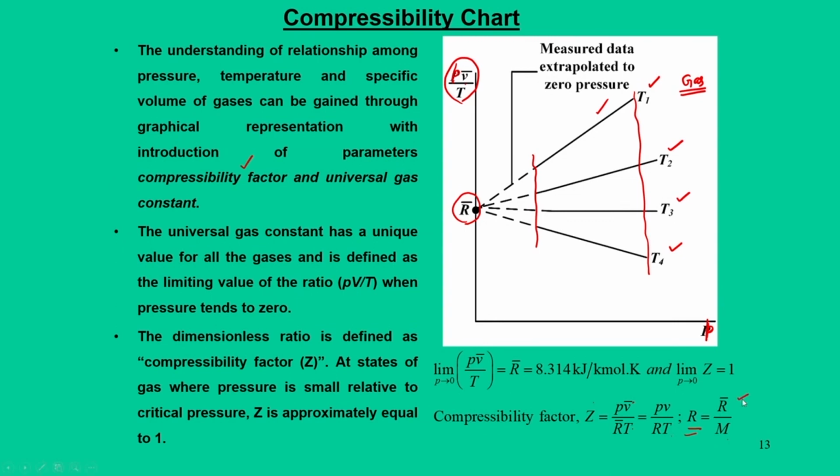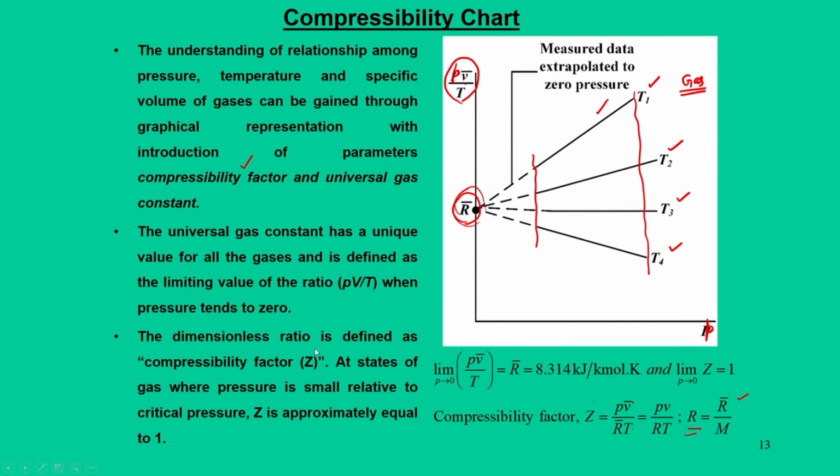R bar is your universal gas constant, which is the limiting value of P V bar by T. This universal gas constant has a unique value for all gases, and it is defined as the limiting value of PV by T when the pressure goes to 0.